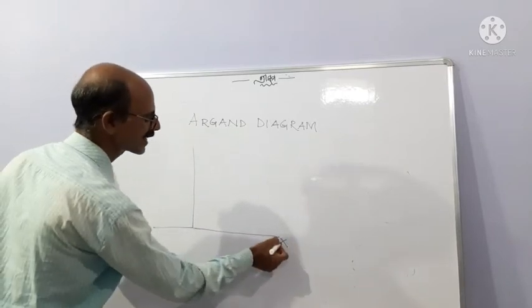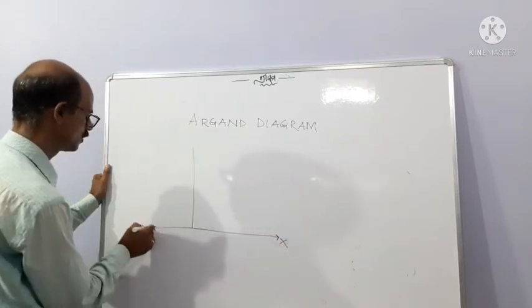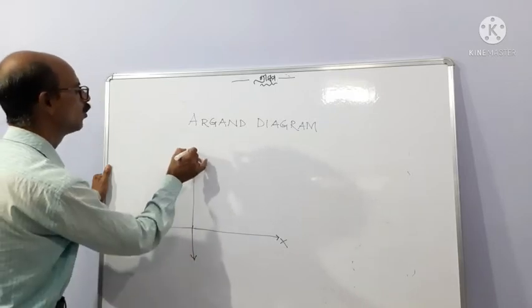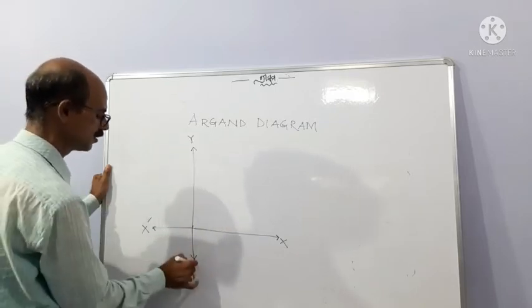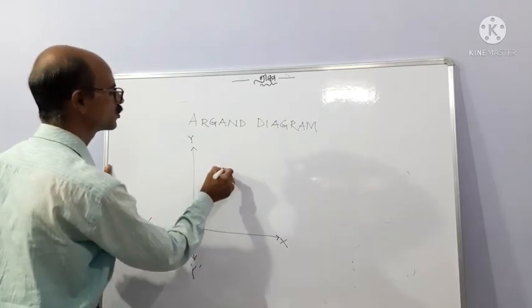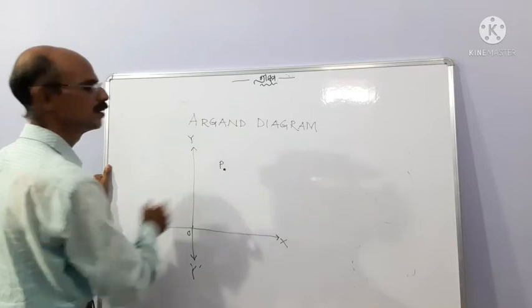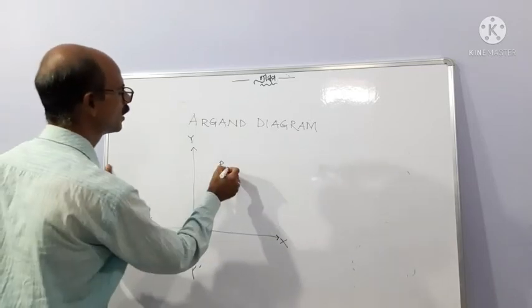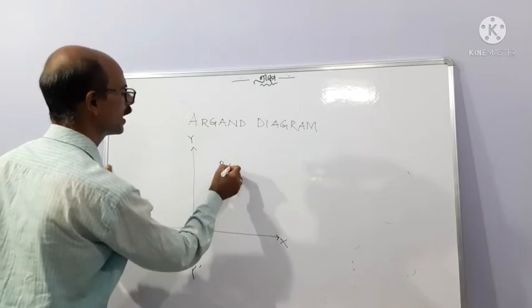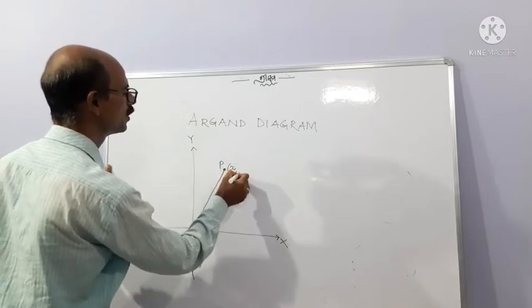This is x dash, then y dash, meta origin. Suppose here is a position P, it is (x1, y1).